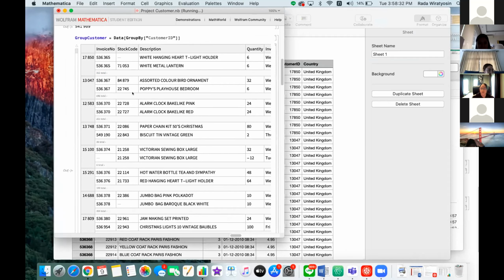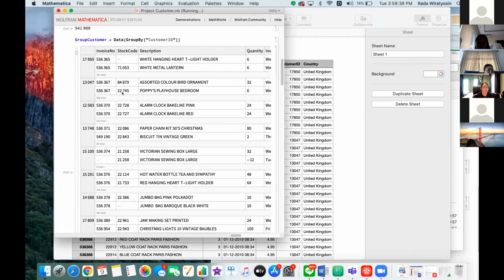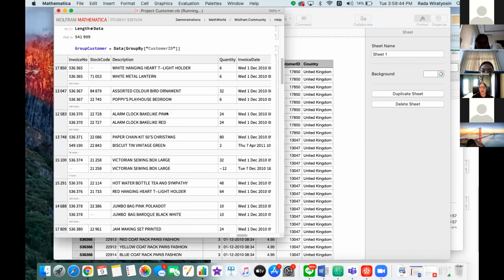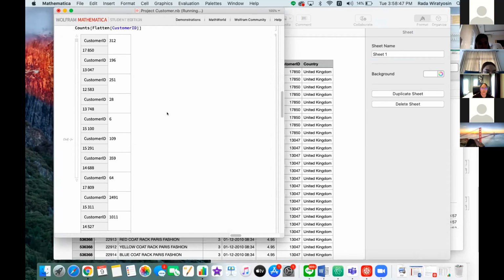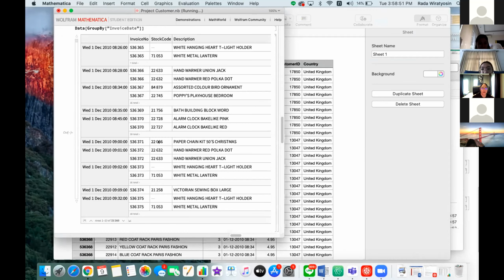Afterwards I plan to see which customers are valuable and find their frequency of buying and recency since their last purchase. I also tried counting which customers and sorting them.